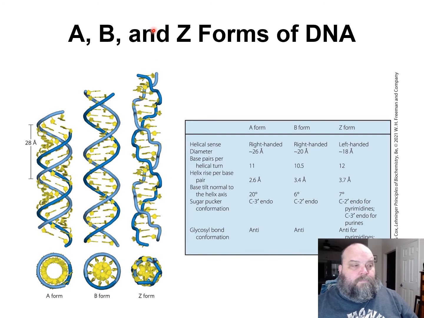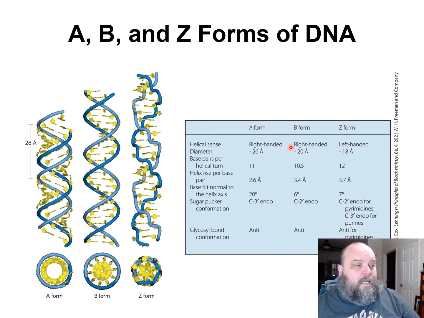This form has its own biological functions. It's actually a lot harder for enzymes to access this. It's going to be a lot harder for interactions with other polyoligonucleotides, RNA strands, or anything like that.